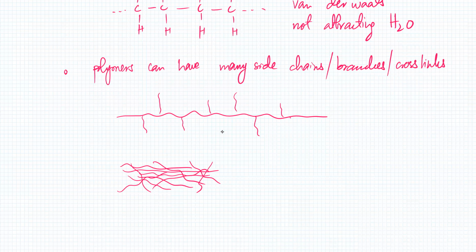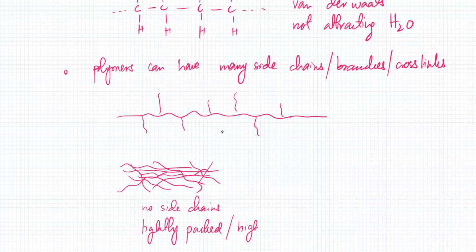And what happens is that if there aren't a lot of side chains, they can be closely or tightly packed. So if it doesn't have side chains, they can be tightly packed, which means they would have high density.